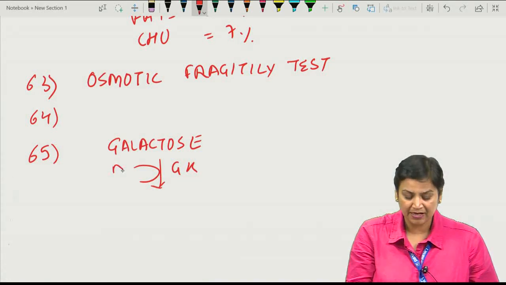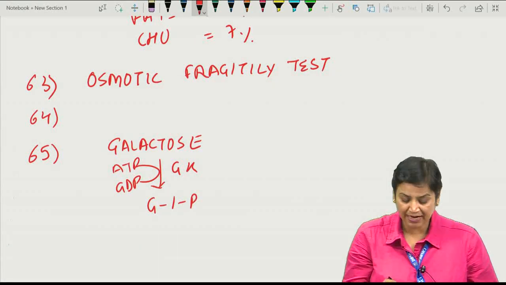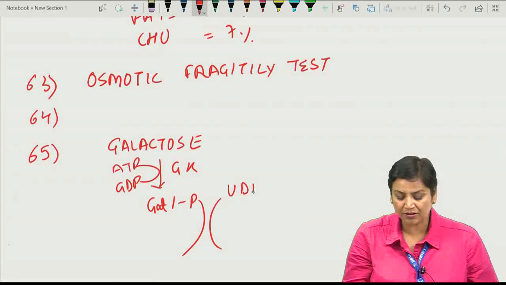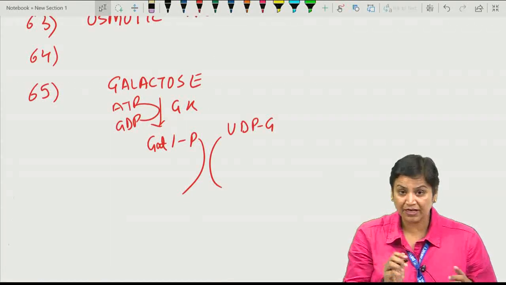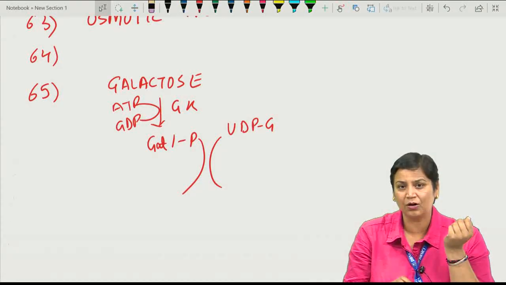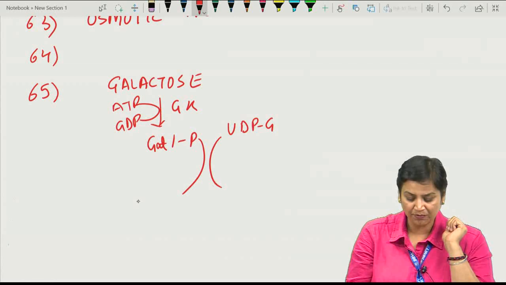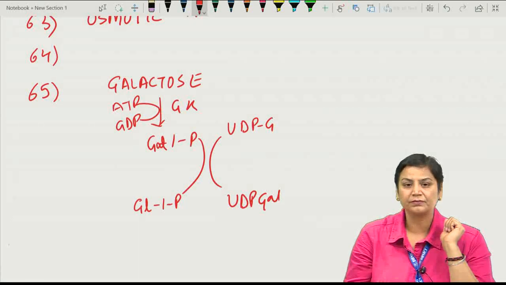One ATP is utilized to form galactose 1-phosphate. This galactose 1-phosphate then combines with UDP glucose, which is actually coming from glycogenesis. There is an interchange by epimerase, because galactose is nothing but a C4 epimer of glucose, and it will form glucose 1-phosphate and UDP galactose will be produced.